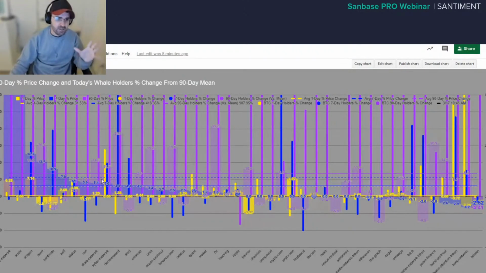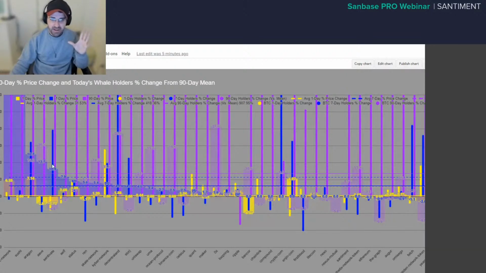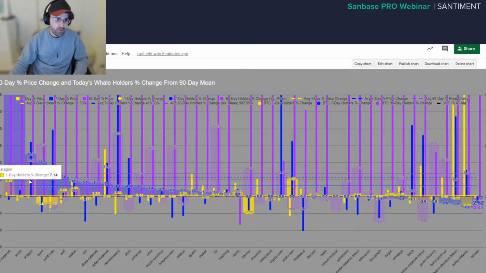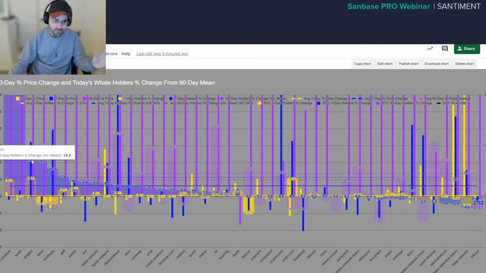In general, you'll want to look at assets that have a high percent on the positive side for 1-day, 7-day, and 90-day all together. For example, Aragon here, up 7.14% just in the last day, 16.7% in the last 7 days, and 14.2% on a 90-day against mean average, if that makes sense.